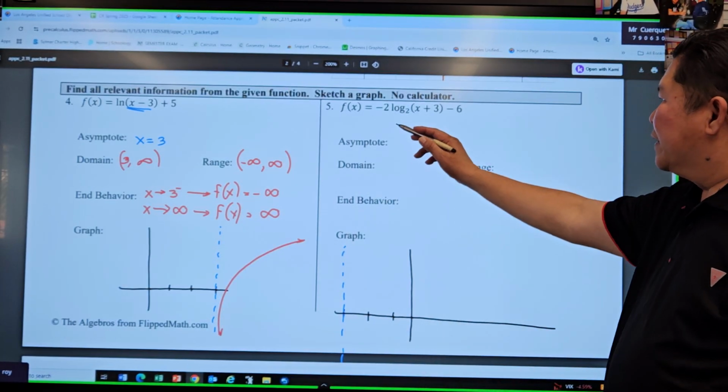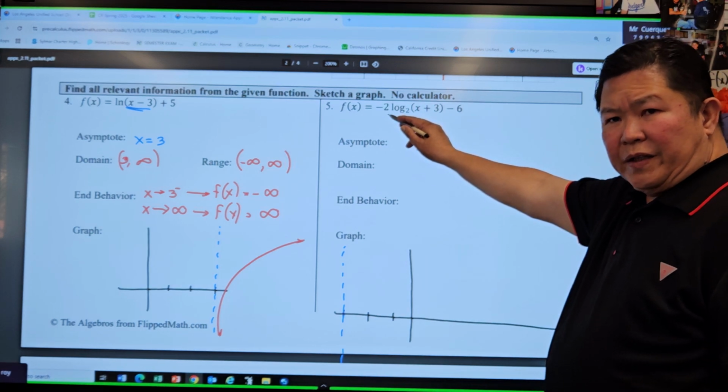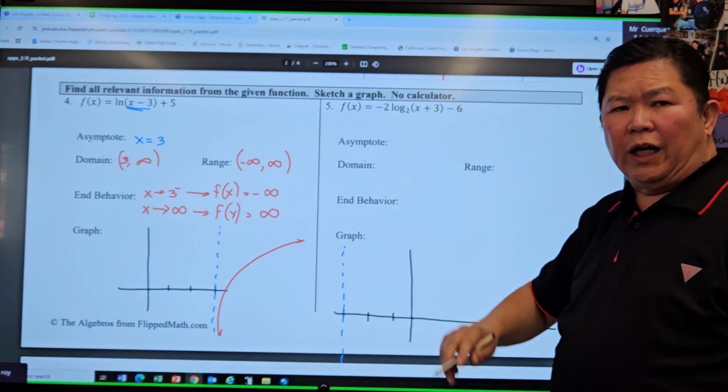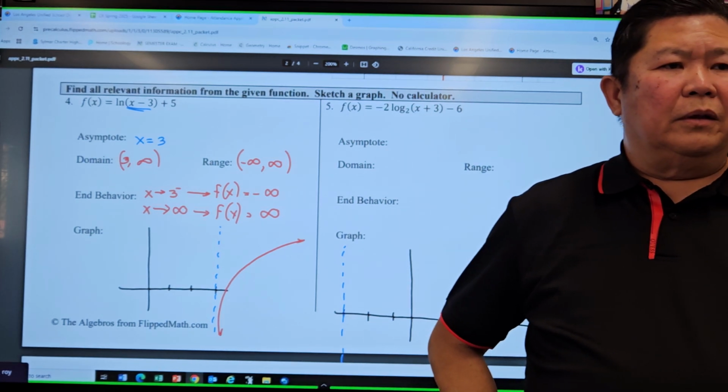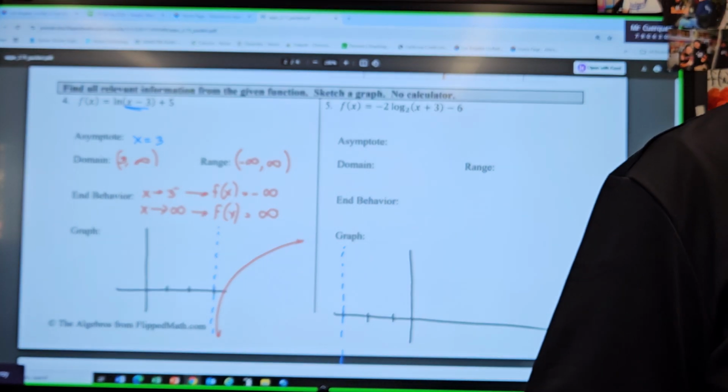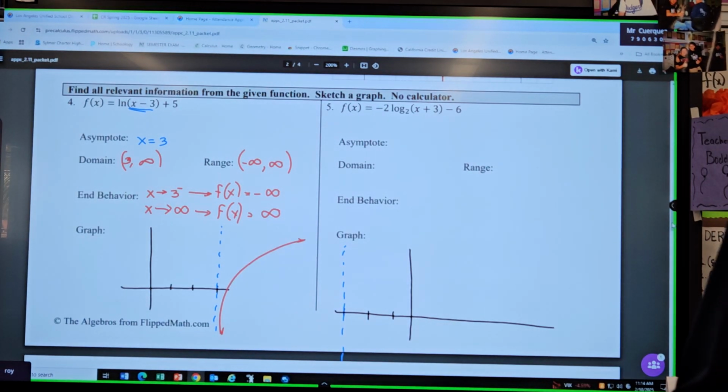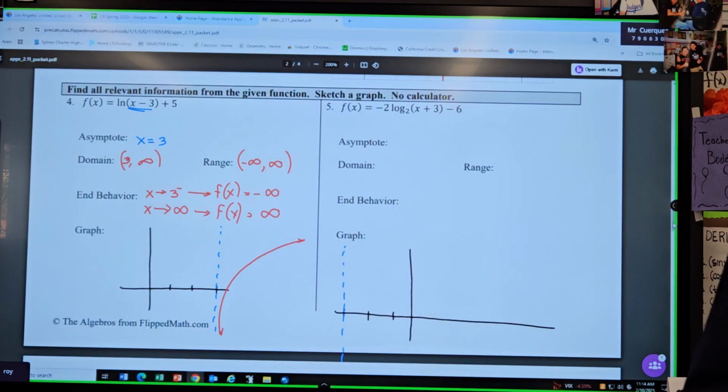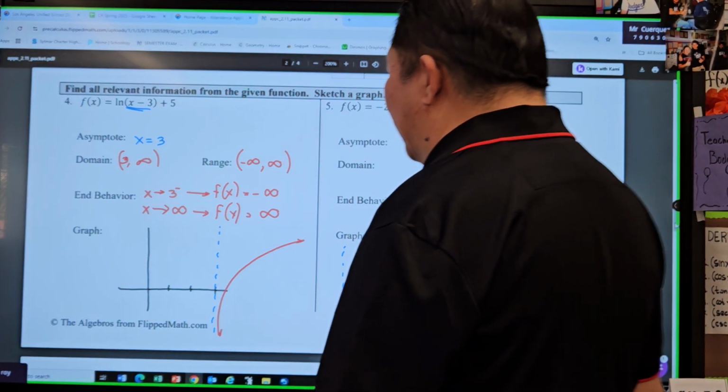And since there is a negative, is this dilation or reflection? Once it is positive, it is dilation. But once it is negative, it's a vertical reflection. So the graph goes this way.